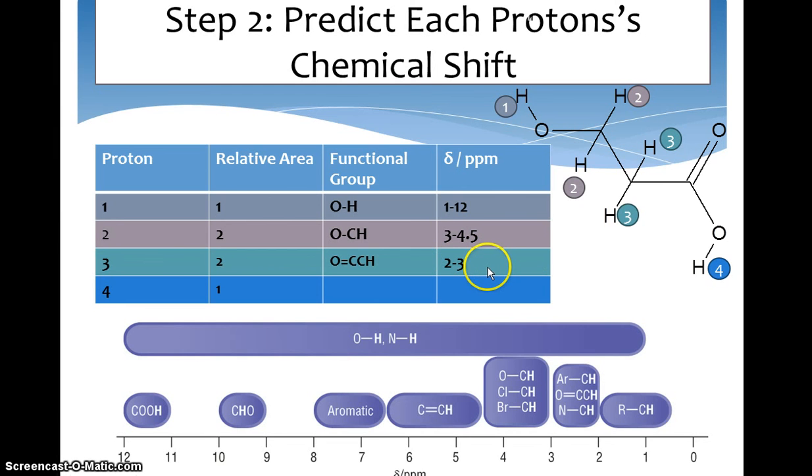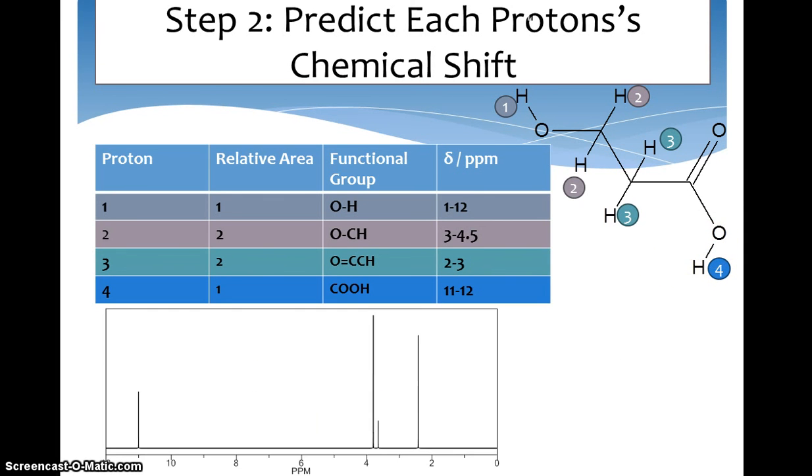And then finally we've got this hydrogen, which is the hydrogen in a carboxylic acid group, which gives us a chemical shift of between 11 and 12. And this is what the actual Proton NMR would look like. So basically this represents this, and you would be able to get all this data from this NMR and be able to link it to the structure.